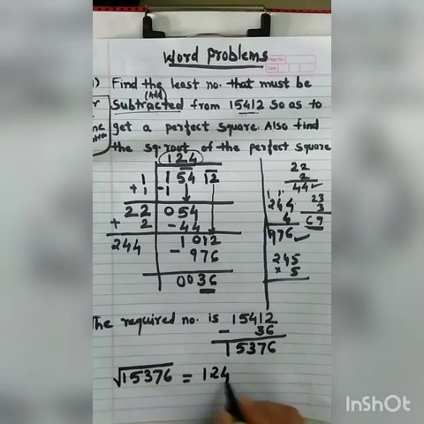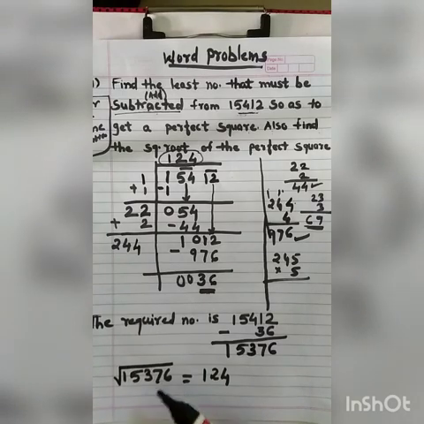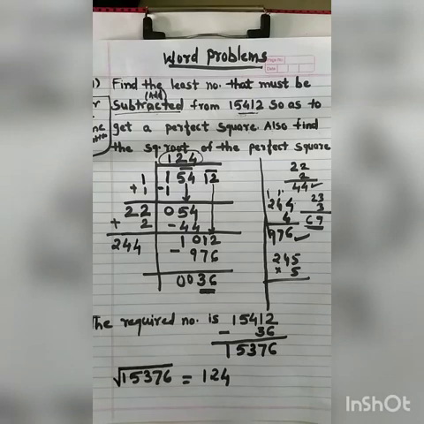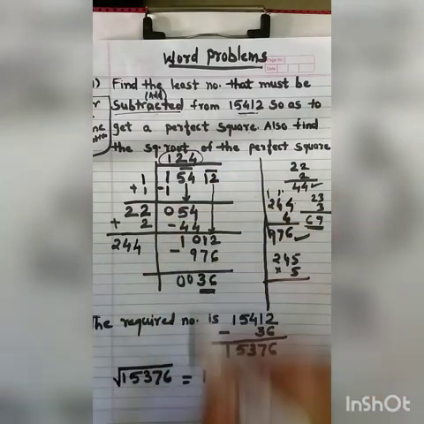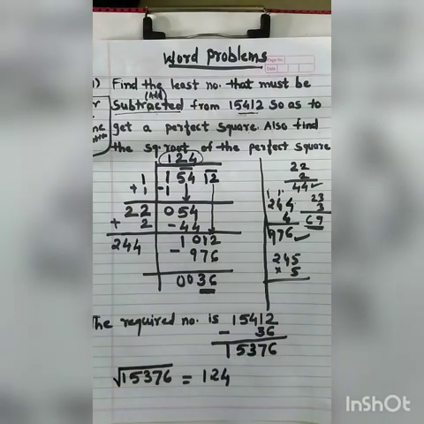So 124 is the square root of the perfect square number obtained by subtracting 36 from the given number. In this way we have to solve the sum when it asks you to subtract or add. Take one example of addition also.